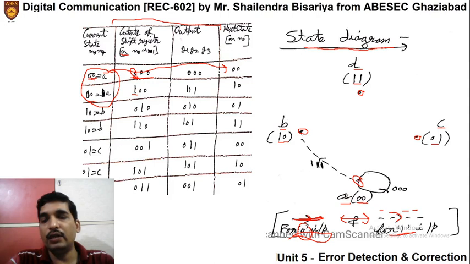So we have drawn it here that from state A we move to state A again with a dark line, and we have said that it will remain in the same state and the corresponding output is 0 0 0.